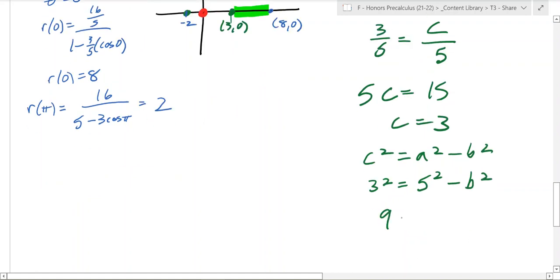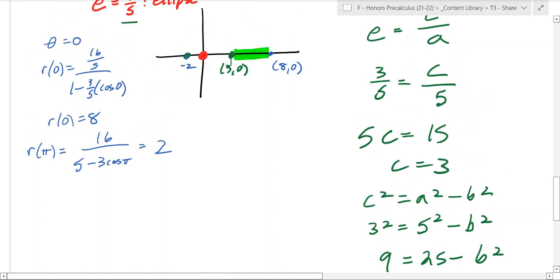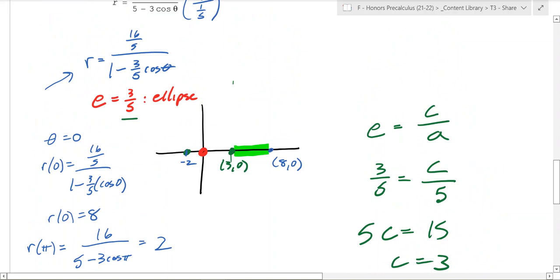So 9 is equal to 25 minus b squared. So we end up with -16 is equal to -b squared. So b squared is equal to 16, which tells us that b is equal to 4 in this case. So you go up 4 here. This one's going to be 3, 4 right there, and this one's going to be 3, -4.